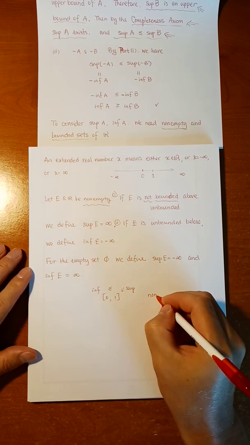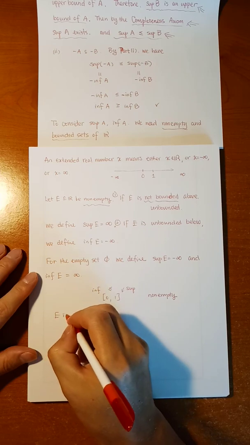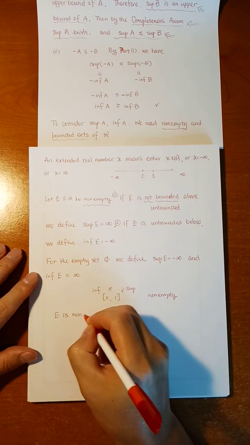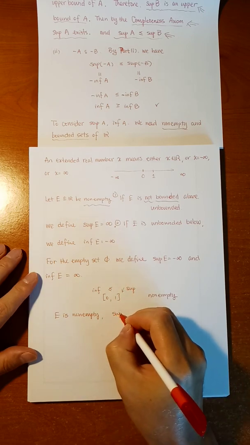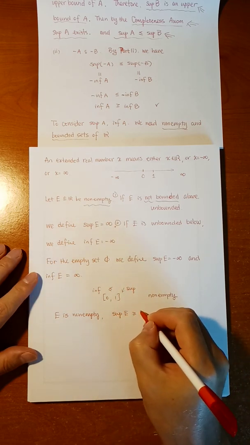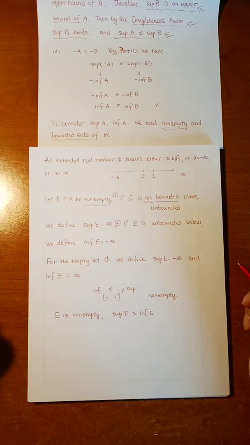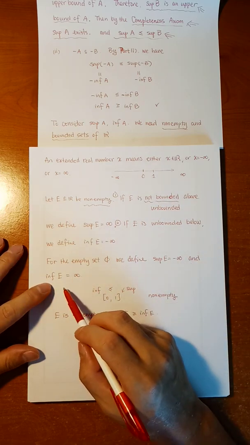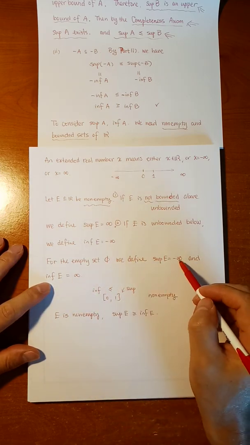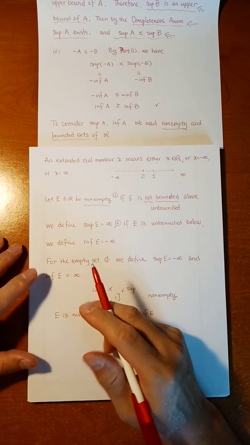It's very important that it's non-empty: sup E is greater than or equal to inf E. But here the supremum of E is negative infinity and the infimum of E is positive infinity. Clearly negative infinity is less than positive infinity.